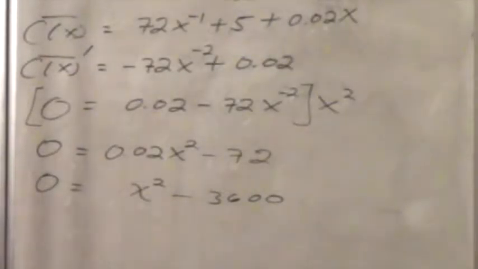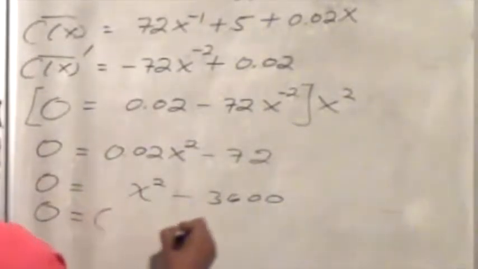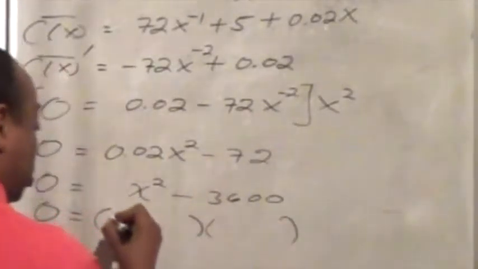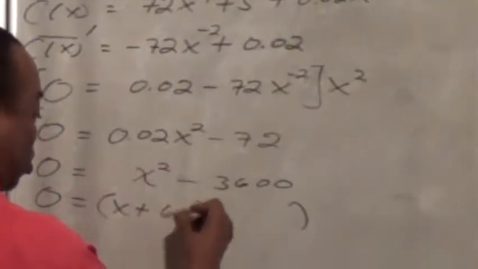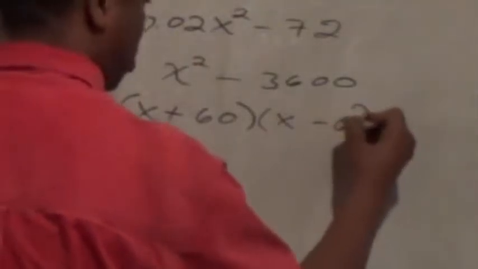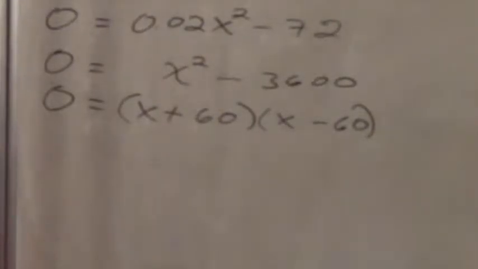There are several ways I can solve this. I'm going to use factoring because it seems to me this is a difference of two squares, and I can solve by using the conjugates. When I set both these factors equal to 0 and solve for x, I get two solutions.